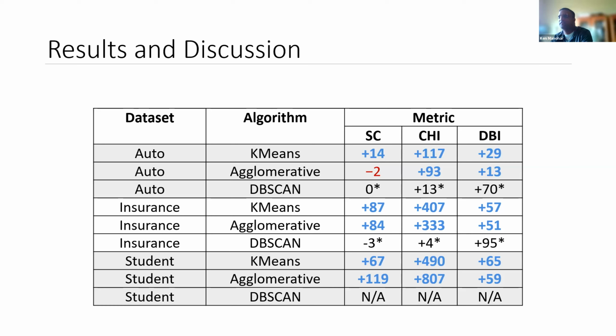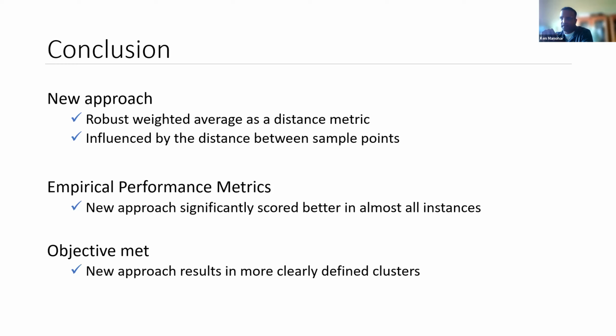Right, so in conclusion, we are satisfied that the new approach, which is a robust weighted average using a distance metric that is influenced by the distance between the data points, performed better than the traditional feature scaling approach. We compared the data set transformed with the standardization and the one-hot encoding against the other data set transformed using our new approach, where we found the robust weighted average and represented all the features in that dimension.